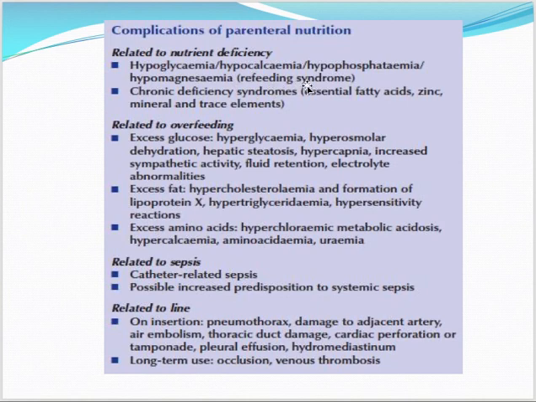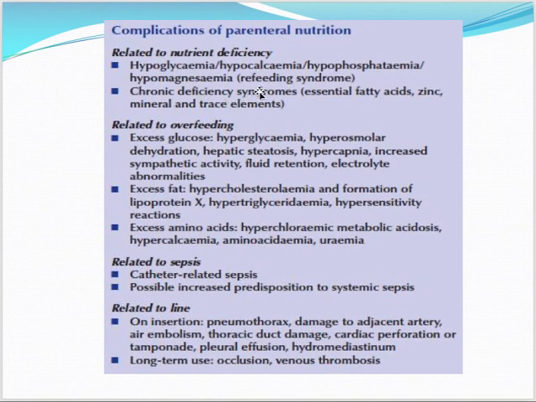I will suggest you read what refeeding syndrome is. One thing I should make clear is that in the case of parenteral nutrition, any type of complication can occur. Hyperglycemia, hypercalcemia, hypernatremia, anything can occur. So this is called refeeding syndrome.